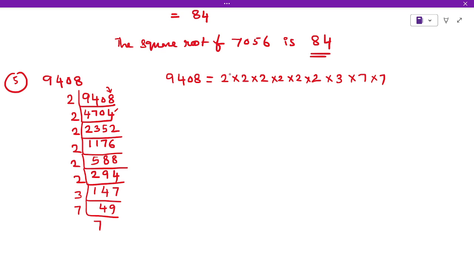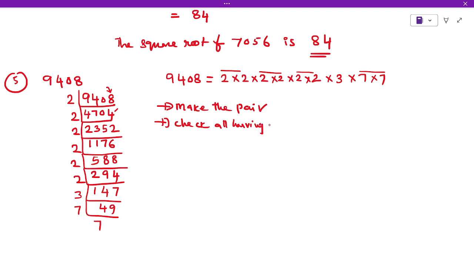So let us find whether it is a perfect square or not. How can we find this? Just pair. Now, do all the numbers have pairs? No, right? So the first step is to make the pairs. Then the second step is to check whether all have pairs or not.